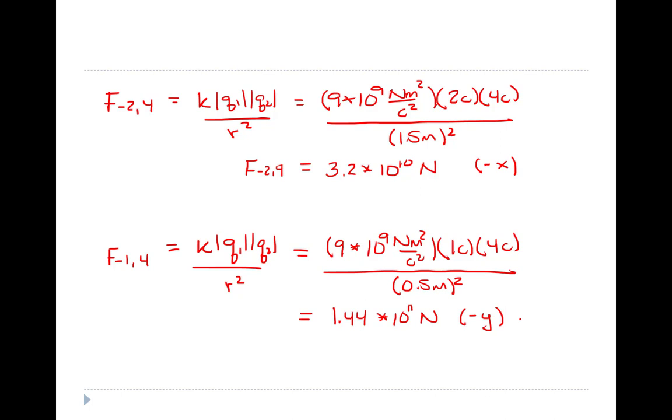Okay, so now for the next one. The next one is the 3 coulomb charge. So I'm going to remind you really quick that we had a rectangle that was 1.5 meters on this side and 0.5 meters on that side. The distance between the 3 coulomb and the 4 coulomb is the diagonal of that rectangle, which I can find using Pythagorean theorem.